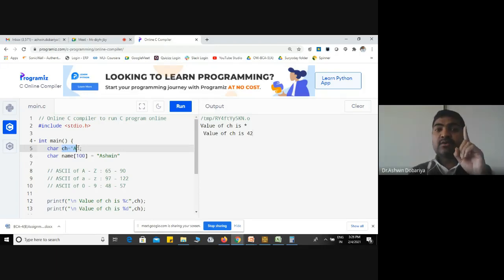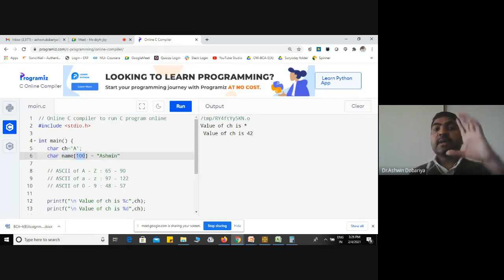One character occupies only 1 byte of memory. If you declare name of 100, it occupies 100 bytes of memory, and out of 100 we are using only 6 bytes, so the remaining 94 bytes are wasted. So mention a size according to the data that you want to store in that character array. You have to take care of that, right?